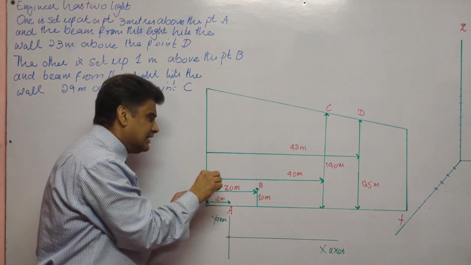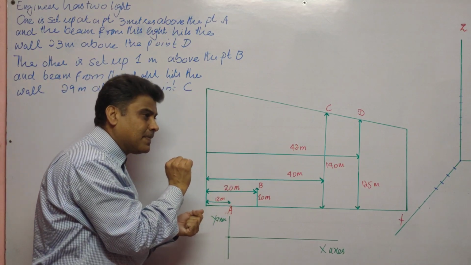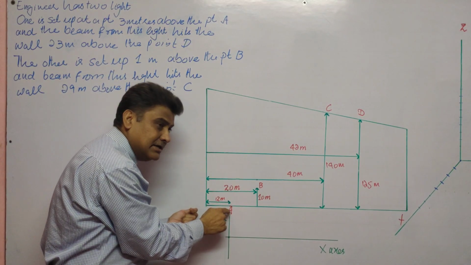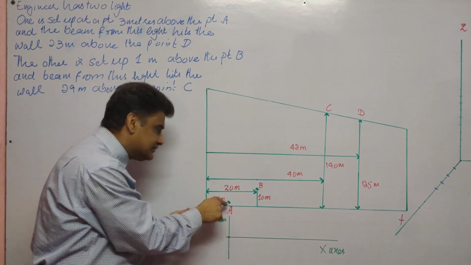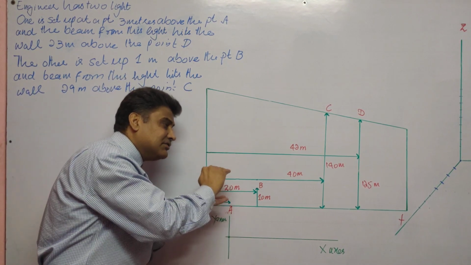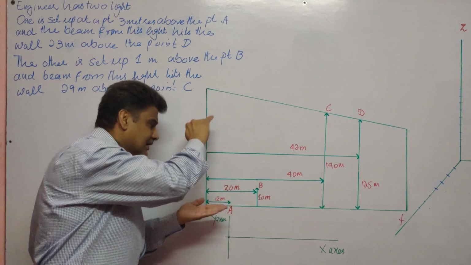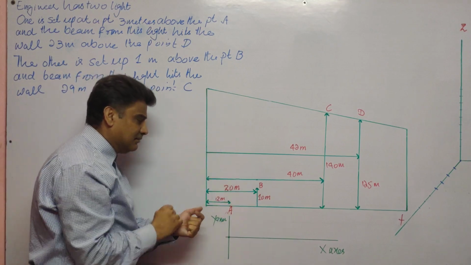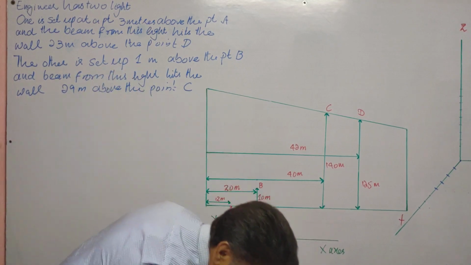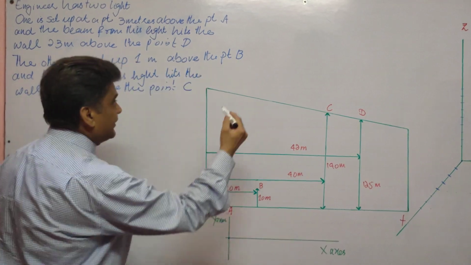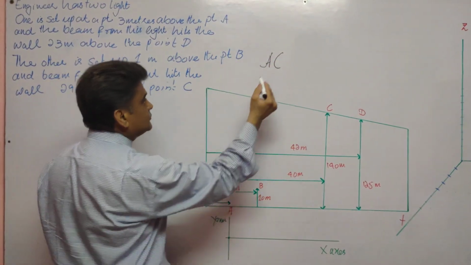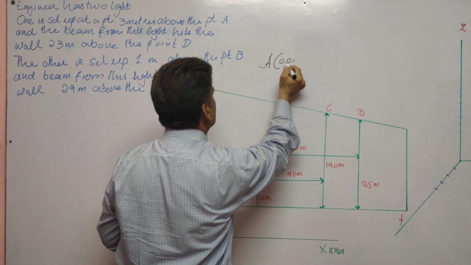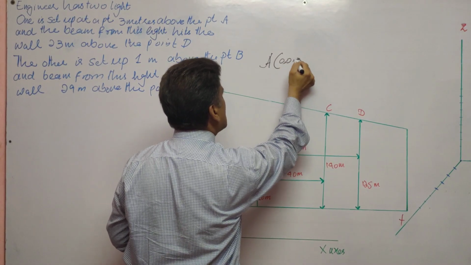Hence, since point A is the origin, the value of x is 0, the value of y is 0, and the value of z is 3 meters above A. Hence, the coordinates of A prime are (0, 0, 3).